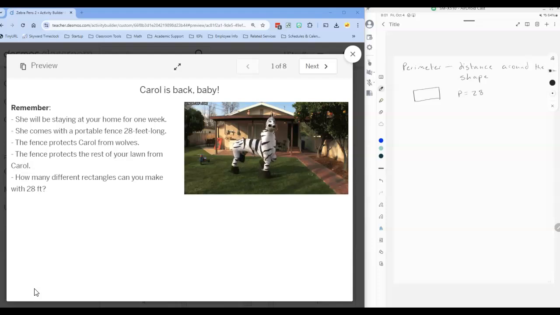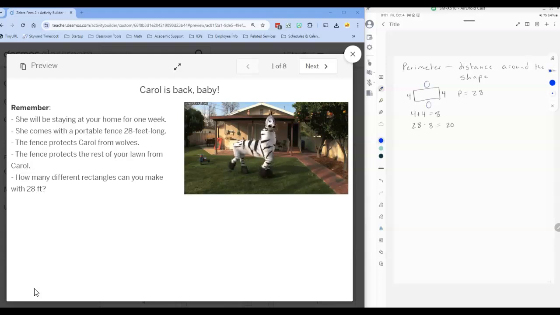So for instance, if we just choose one of these sides to be 4, well, I need them to all add up to 28. So I know that these two will be 4 plus 4. So we've already got 8 feet accounted for. We can take that away from 28, and we know we have 20 left. But we know we have 2 sides that we need to fill in here.